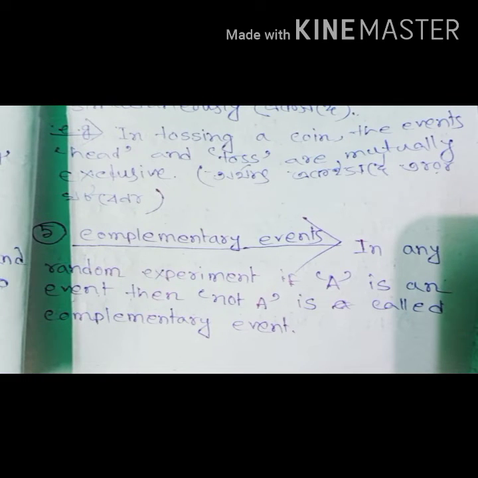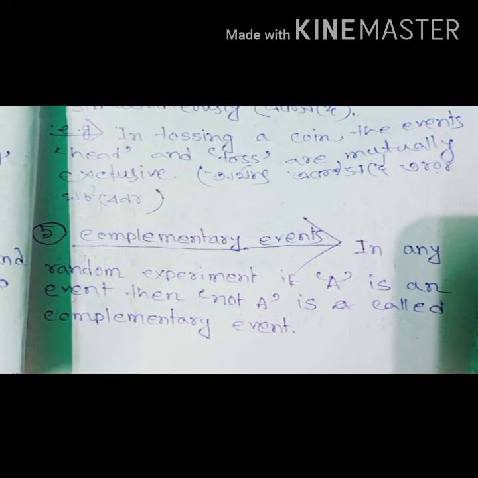Next is complementary events. Complementary event means, in case of any random experiment having a result, when you are throwing a die and you are getting 5, suppose, then all events other than 5 are complementary events, meaning no 5.